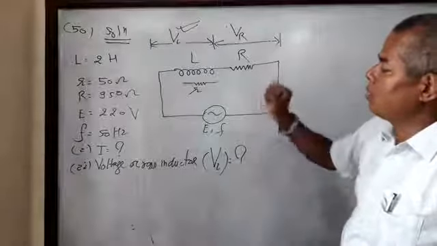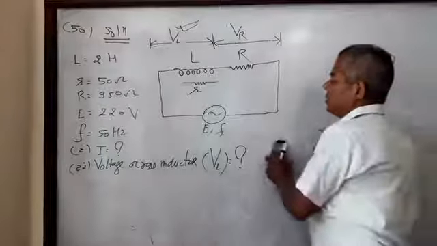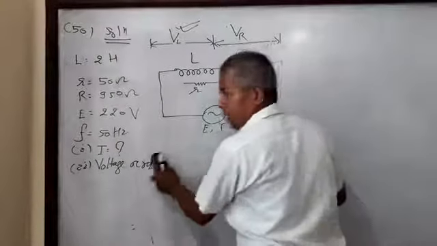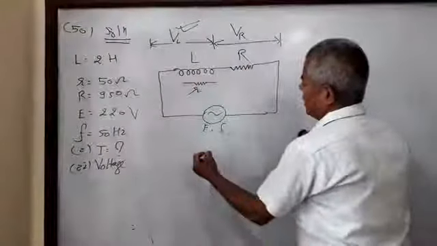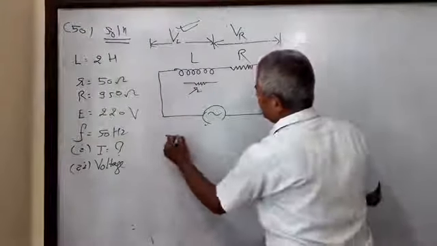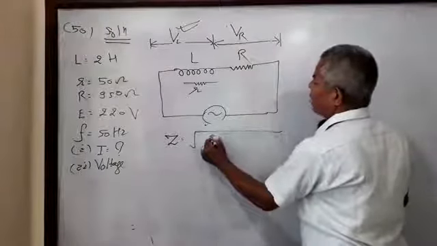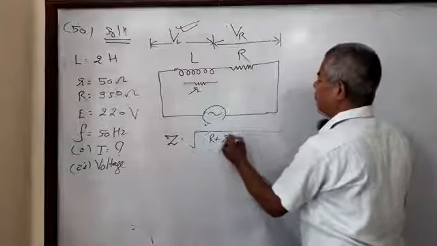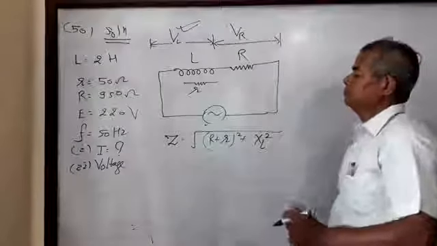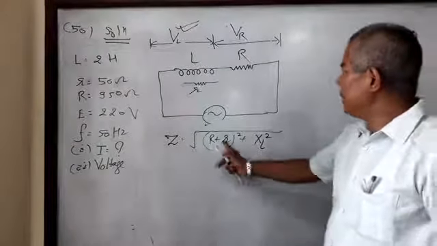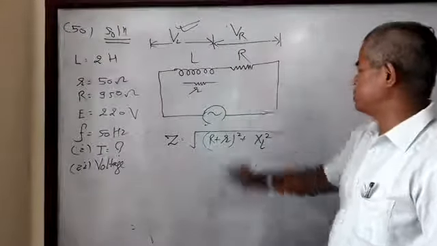First, we have to find the impedance. The impedance of the circuit, Z, is equal to root under (R plus small r) whole square plus XL whole square. Why R plus r? This is the series combination of the two resistors.